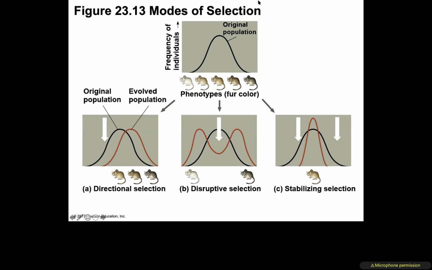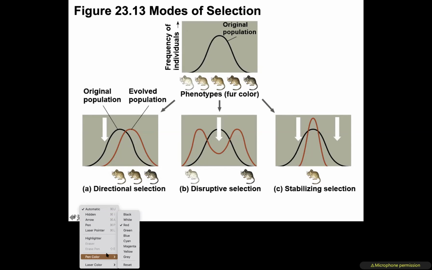All right, so when we're talking about directional selection, here is your original population. What directional selection does is literally push the population in a specific direction.